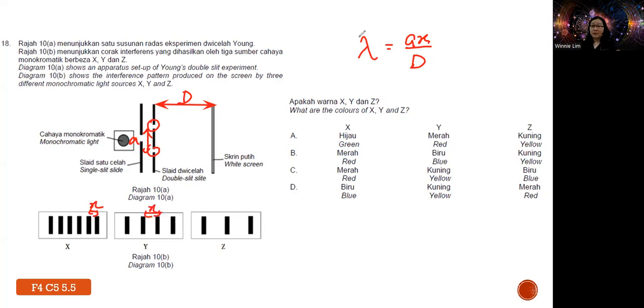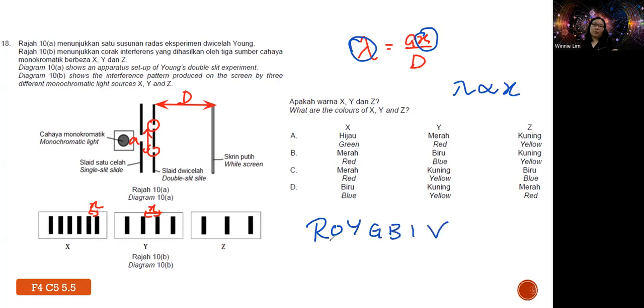So if you look at this formula itself, you should know that the relationship between wavelength and x is that they are directly proportional. That means if your wavelength increases, x also increases. So under the topic of light, you have these 7 colors, ROYGBIV, where R is red, orange, yellow, green, blue, indigo, violet.